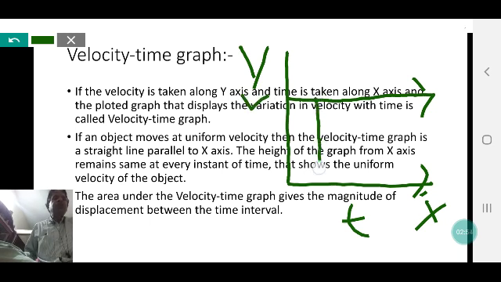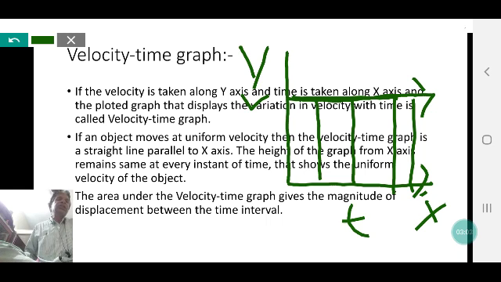The velocity does not vary as the time passes, as the distance between the graph and the time axis is constant. So this graph shows the object is moving with constant velocity. That will be discussed in this video.